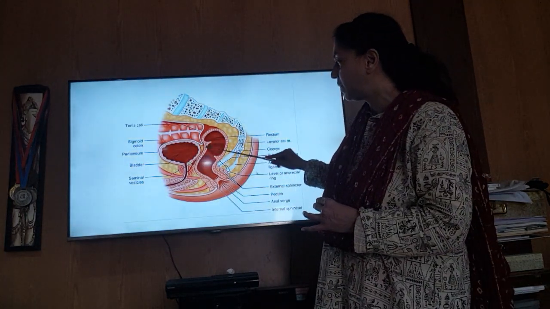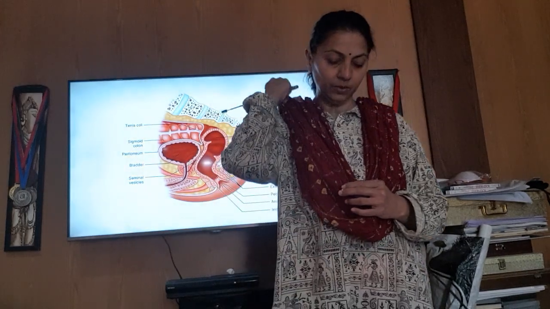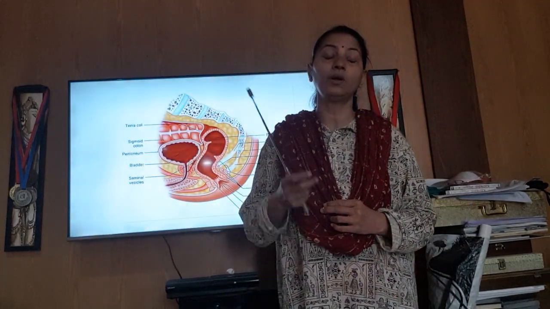But the lower part of the rectum is drained by the lymphatics which go to the lymph nodes of internal iliac region, that means related to internal iliac artery. So the lymph nodes of internal iliac artery, we call internal iliac lymph nodes.